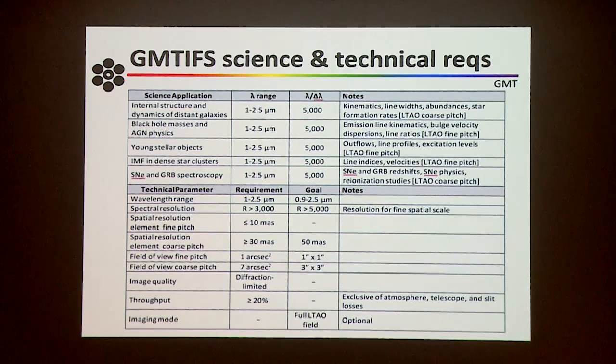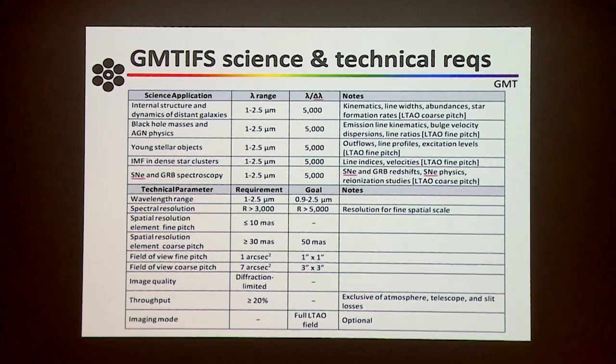So the first half of this talk will be about how we came up with this particular set of science requirements. I won't do it item by item or bit by bit. We've done that in justifying the instrument to GMTO in the various reviews we've gone through. But what I will try and do is give you a flavour of how we go about looking at different science cases in order to derive some of the key parameters in here.